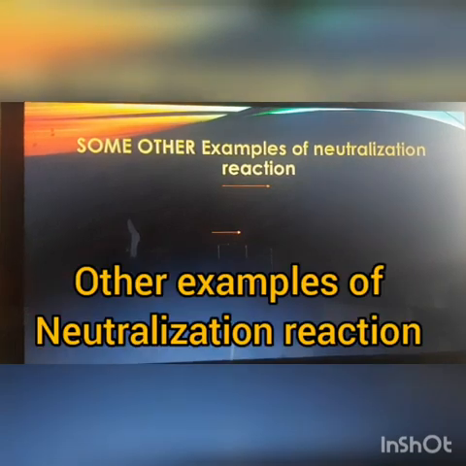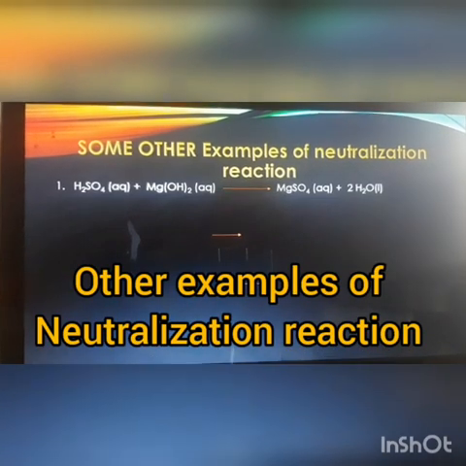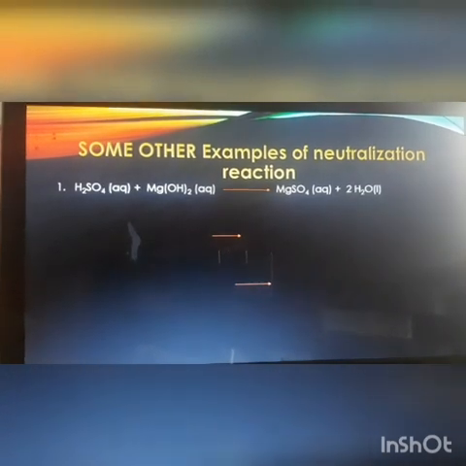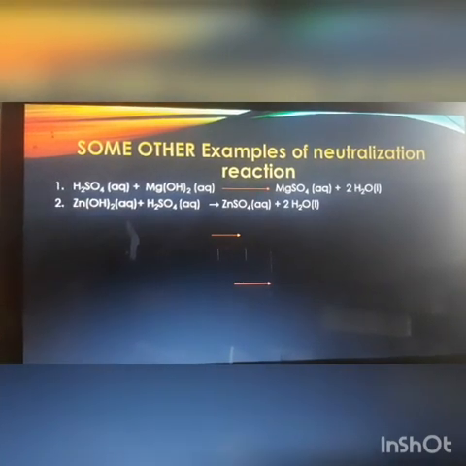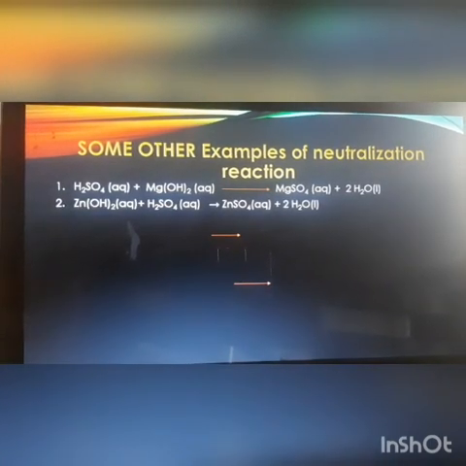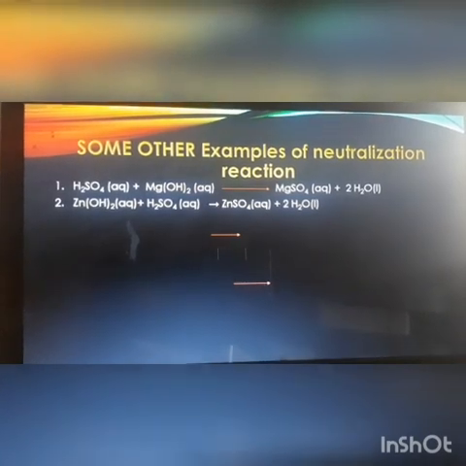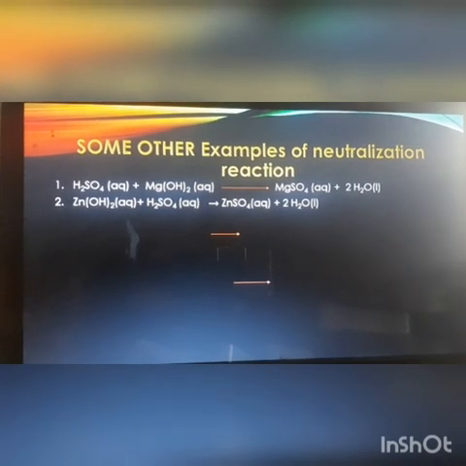We can see more examples of neutralization reactions. Magnesium hydroxide reacts with sulfuric acid. The magnesium ion goes to the sulfate ion and forms the salt magnesium sulfate, and water. Similarly, zinc hydroxide reacts with sulfuric acid and forms zinc sulfate and water.